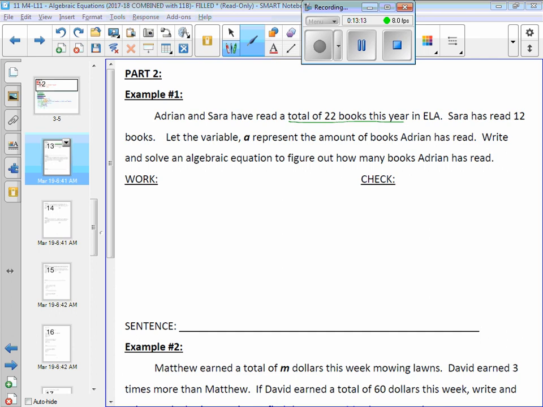So here's how we represent that algebraically. Adrian's books, which we don't know, plus the amount of Sarah's books, which we do know, which is 12, together that equals 22. Now you're right back to railroad tracks again.